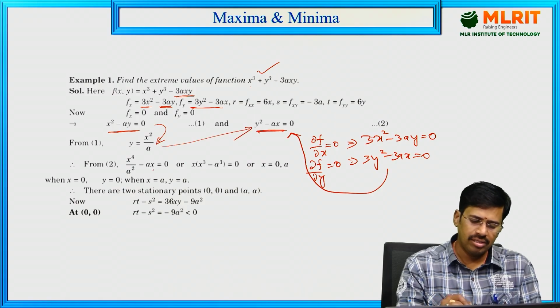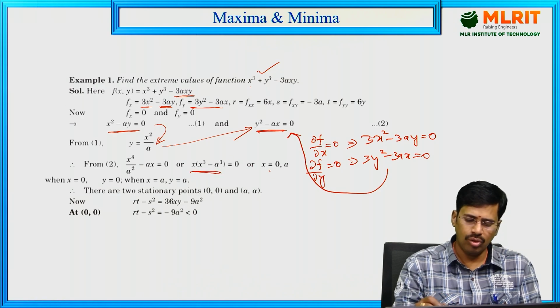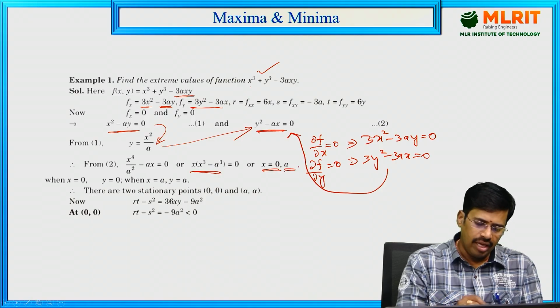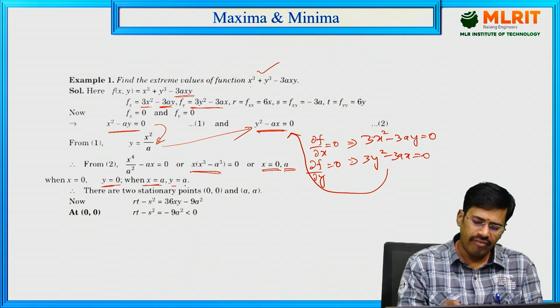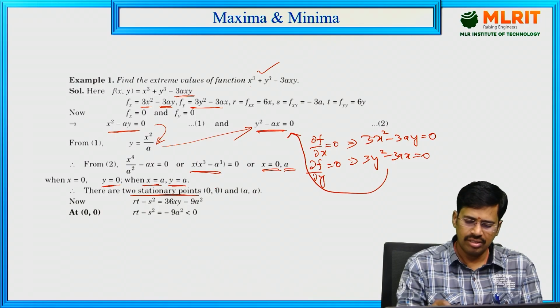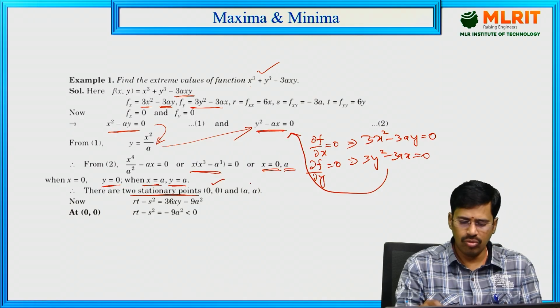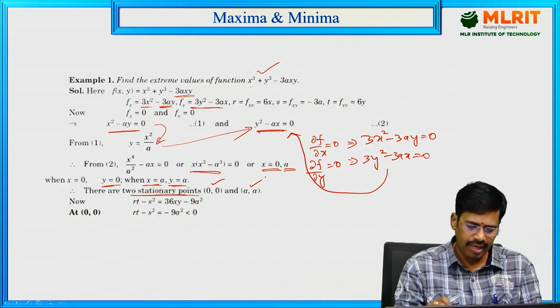That implies we get x into (x cube minus a cube) equal to 0, which in turn gives either x equal to 0 or x equal to a. If x equal to 0 we get y equal to 0, and if x equal to a we get y equal to a. Therefore there are two stationary points. One point is (0, 0) and another point is (a, a).